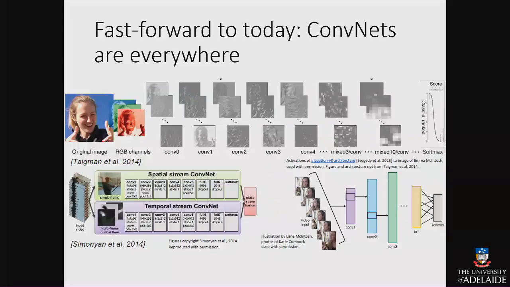And convolutional neural networks are used in video processing and understanding as well. Basically, videos are quite similar to images, right? In videos, you have multiple frames, and each frame is actually a simple image, right?